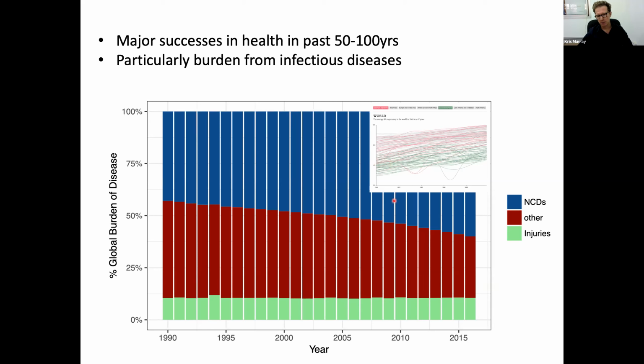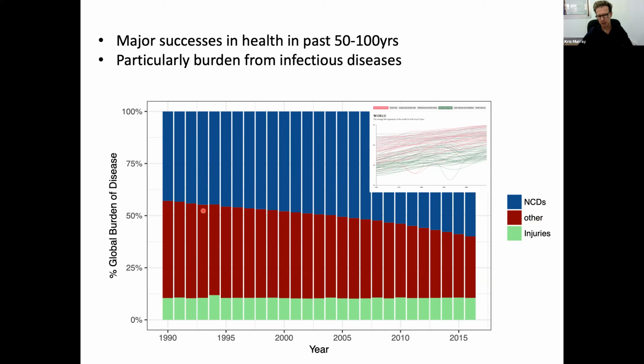This larger image here is a breakdown of the global burden of disease, and in blue we have the share of non-communicable diseases that are killing people and causing loss of good health. You can see this wedge is growing through time, and that's really because it's displacing this red wedge, which is here labeled other, but this is primarily infectious diseases.